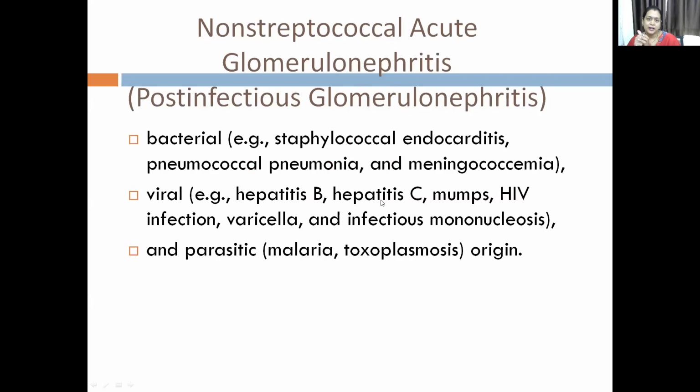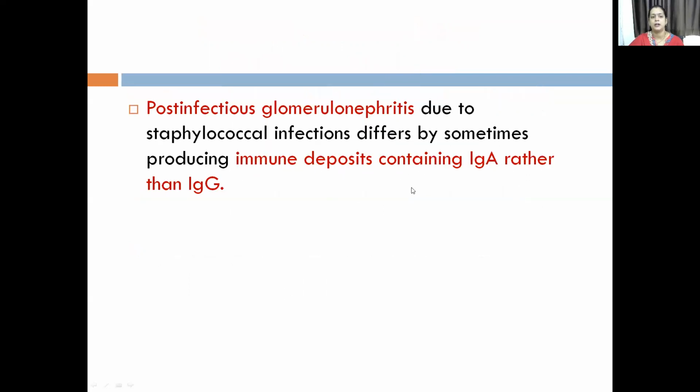Acute glomerulonephritis, one is streptococcal glomerulonephritis. The other one is non-streptococcal glomerulonephritis, which we'll be dealing with here. The streptococcal glomerulonephritis, post sore throat and all. Here we can see non-streptococcal glomerulonephritis as a result of bacterial, viral, and parasitic infections, right?